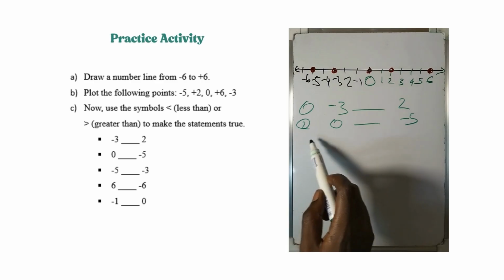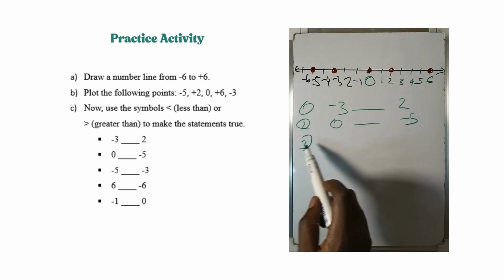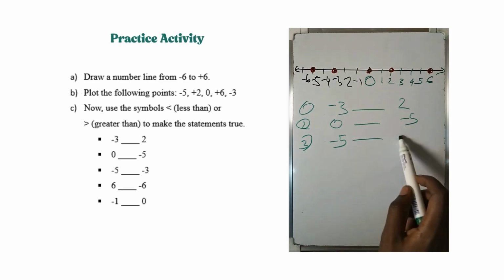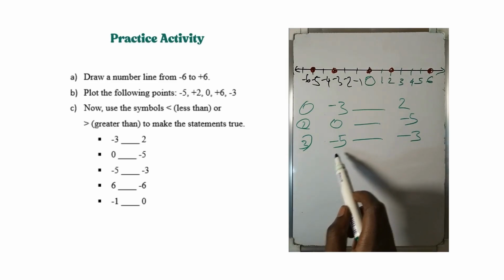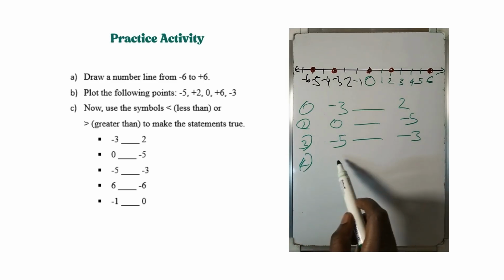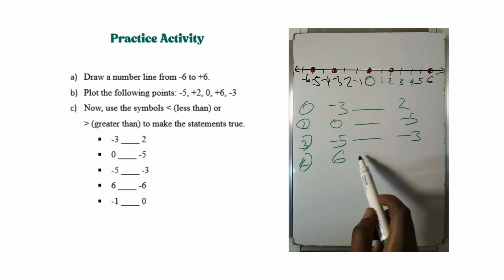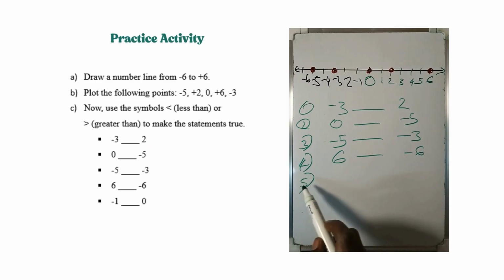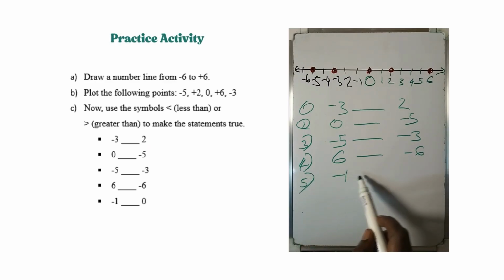The third one will be comparing -5 and -3. The fourth one will be comparing 6 and -6. And the last one, the fifth one, will be comparing -1 and 0.